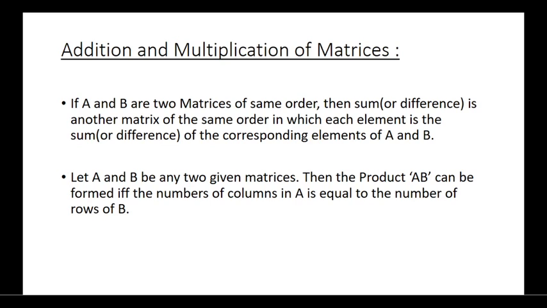If the number of columns in the first matrix equals the number of rows in the second matrix, then only the multiplication is possible. Otherwise, the multiplication is not at all possible.